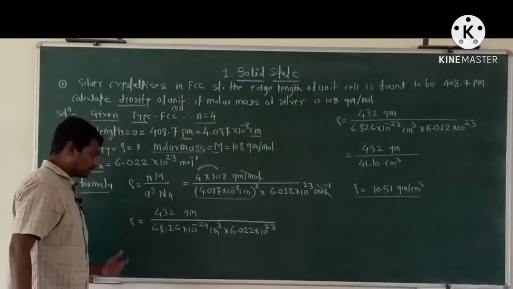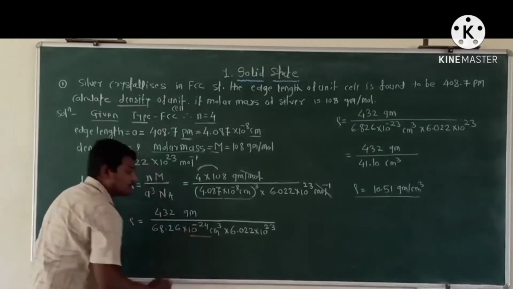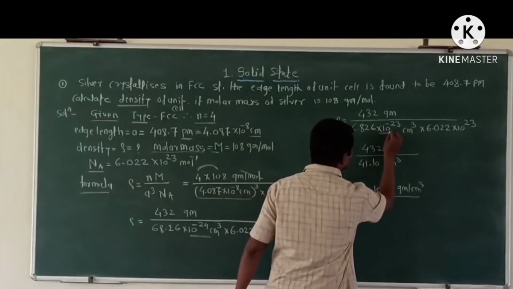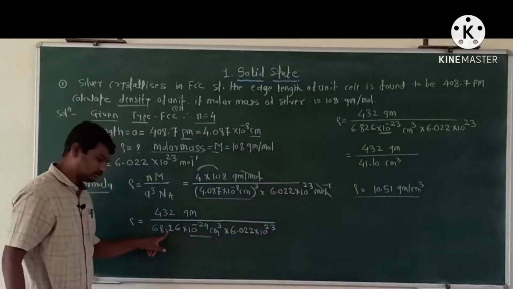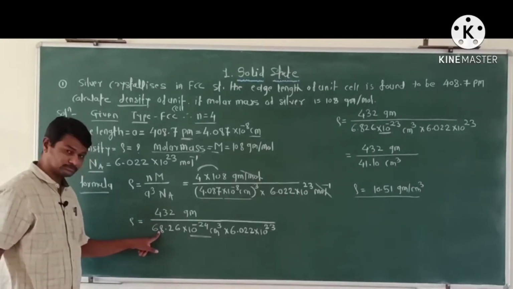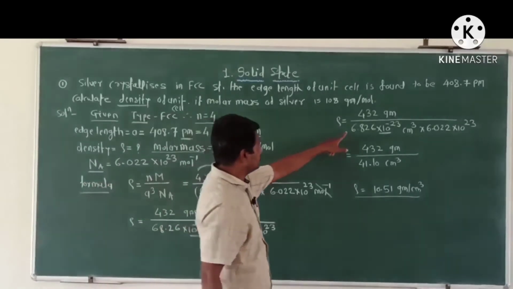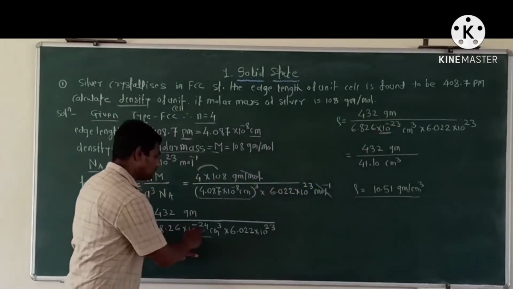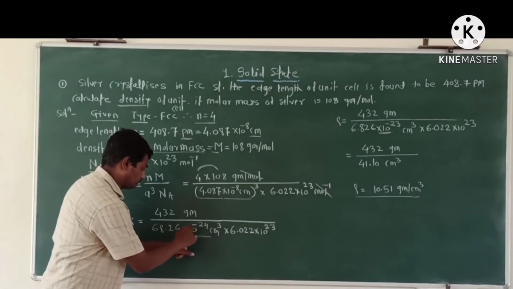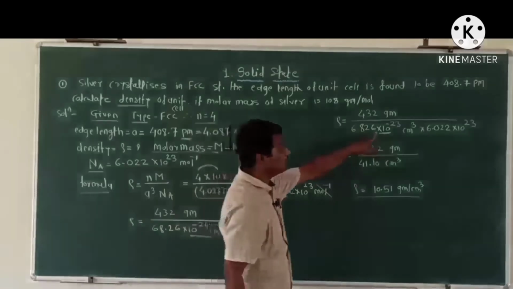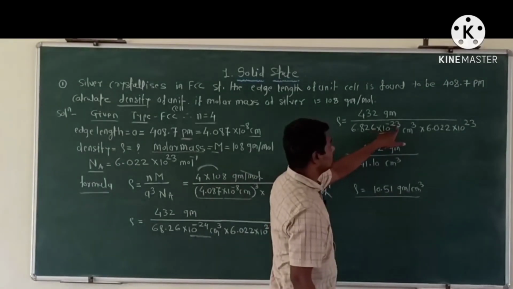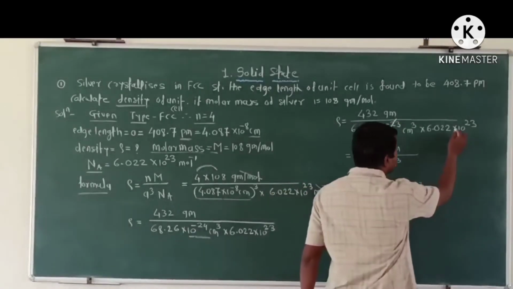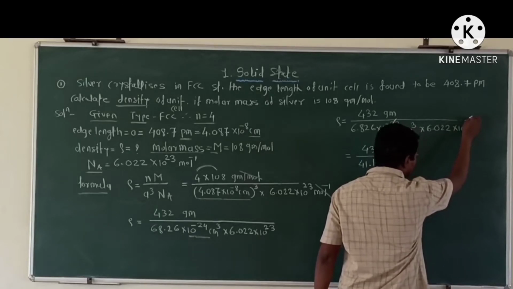Okay, now this 10 raised to minus 24 is converted into minus 23, as the decimal point is shifted to the left, giving the value 6.826 into 10 raised to minus 23. That means 10 raised to minus 24 is converted into 10 raised to minus 23. Okay, now this 10 raised to minus 23 and 10 raised to plus 23 cancel.